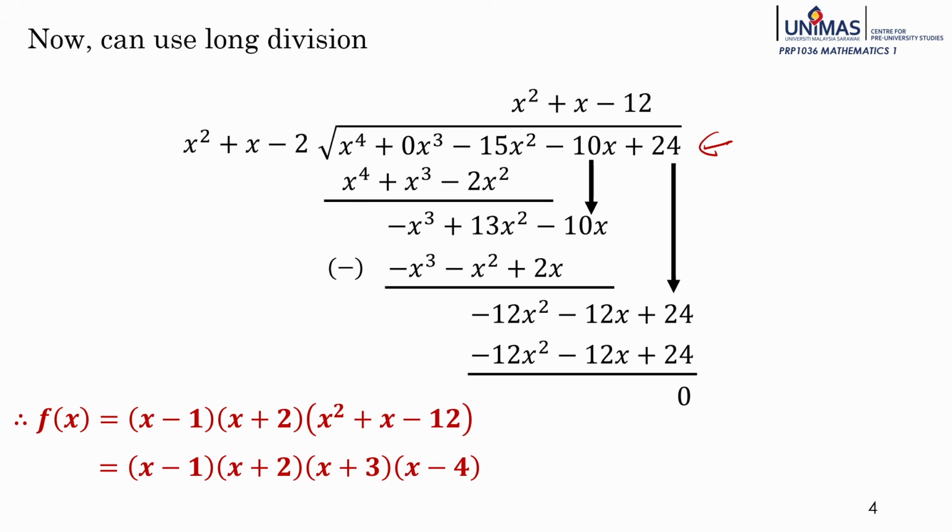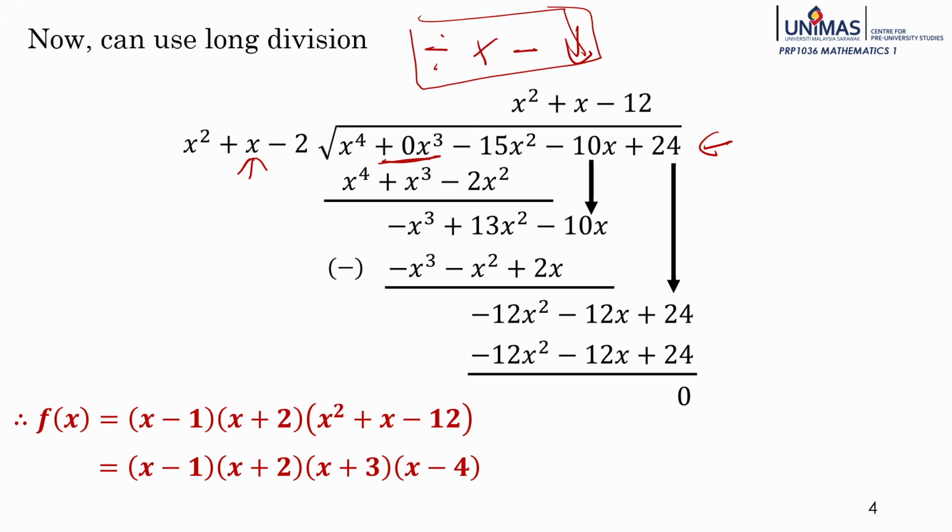Because we don't have x cubed, we have to put here a 0x cubed, and then divide by this one. To solve the long division, we have to divide, times, minus, and then put down. Remember the steps. It's very important that you understand and know how to use long division.